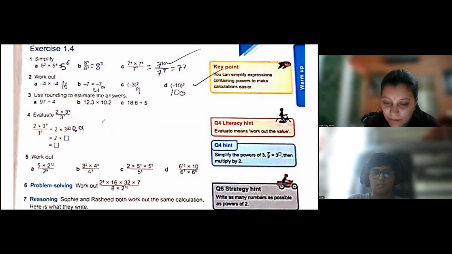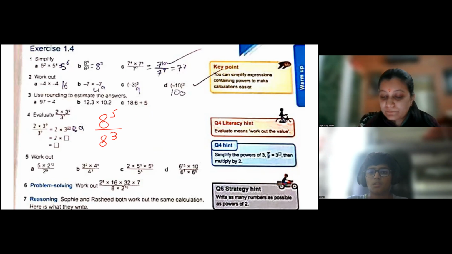Then next one, 8 to the power, what is it? I think 5 is there, no? 8 to the power 5 divided by 8 to the power 3. Now again, bases are the same and there is division.